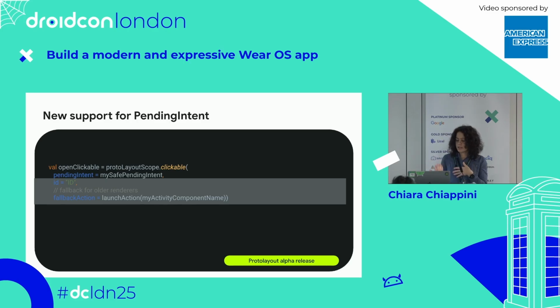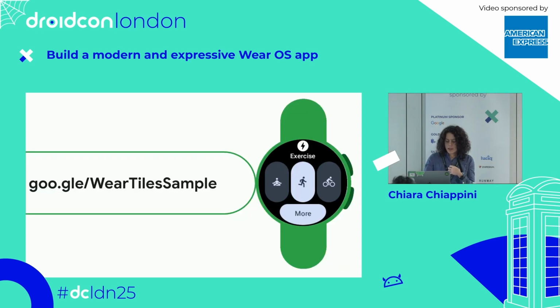This can be either a launch action or a load action. Finally, you can find the source code from this sample in our Wear samples repository, together with many other tile samples.